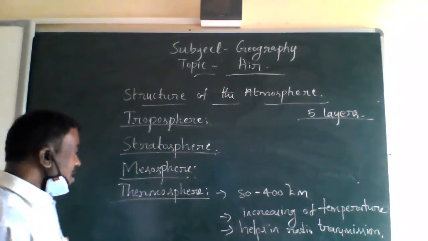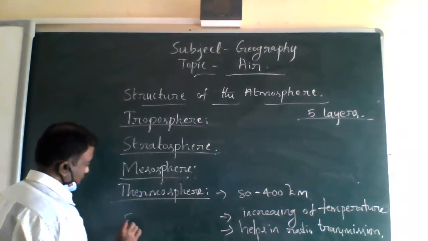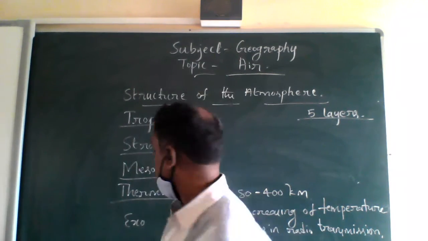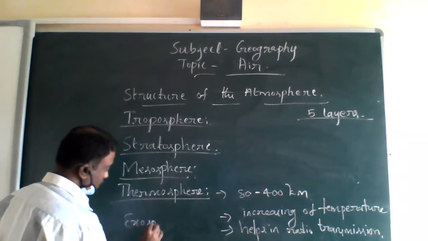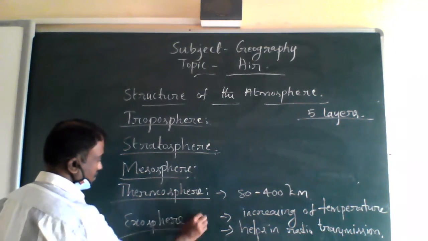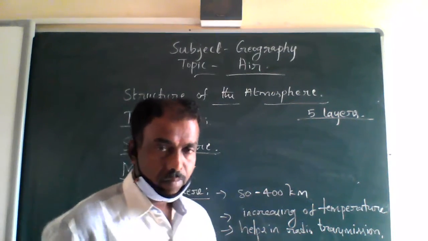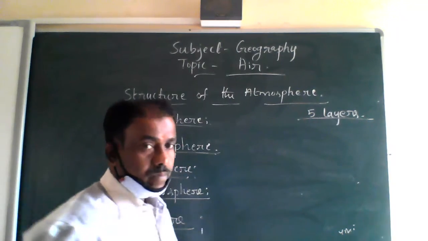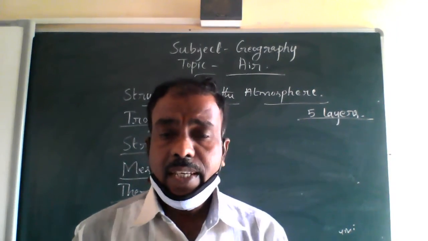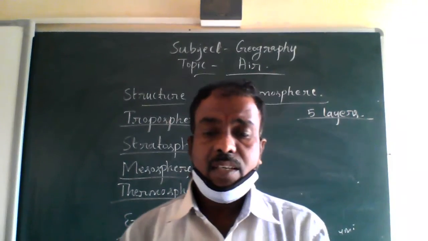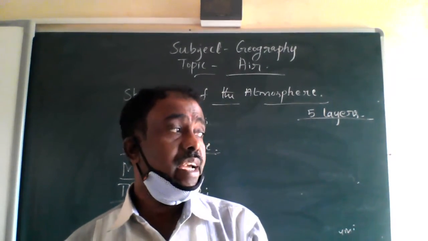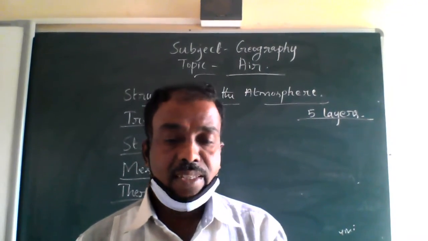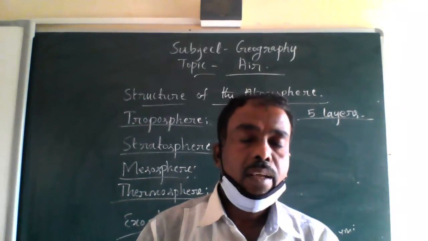And the last layer is the exosphere. The exosphere is the uppermost layer of the atmosphere, and this is known as the exosphere.